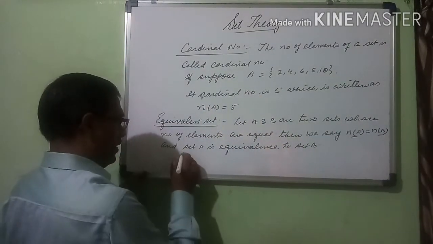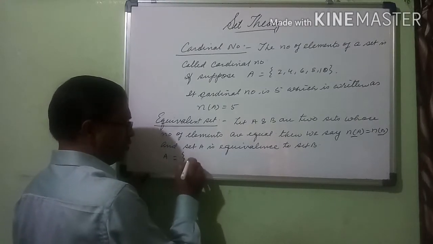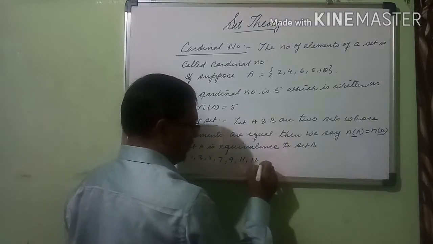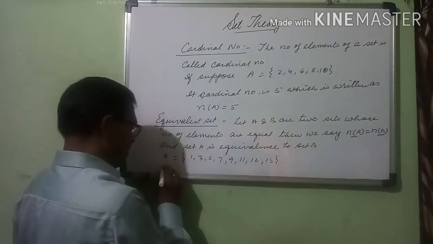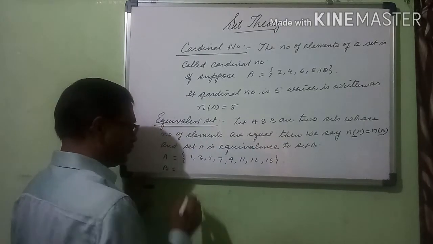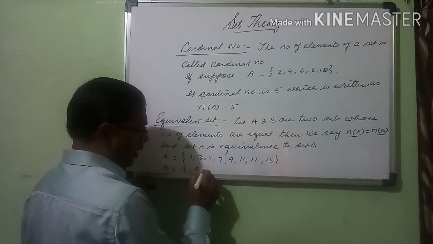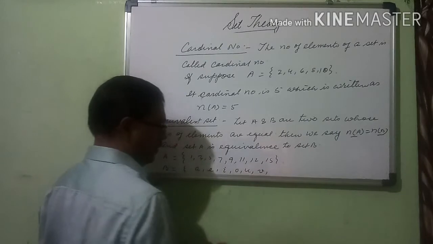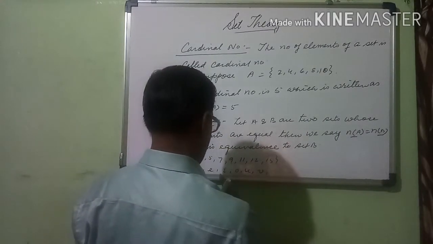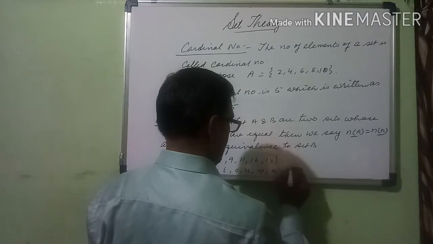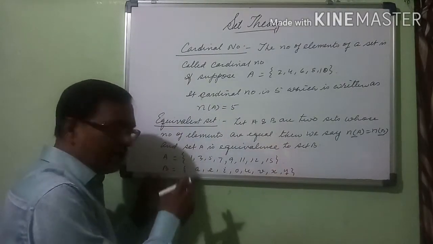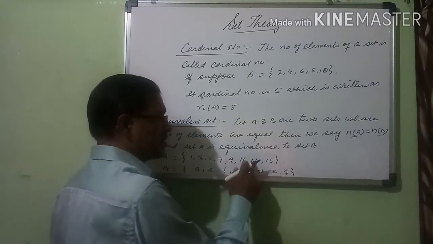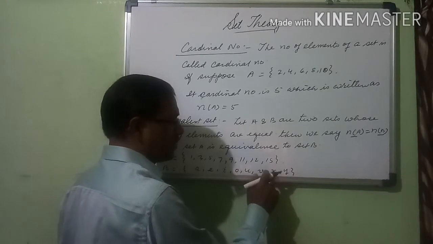Take an example. Say A is equal to 1, 3, 5, 7, 9, 11, 13, 15, and B is equal to A, E, I, O, U, V, X, Y. Let us count the number of elements of set A as well as set B. 1, 2, 3, 4, 5, 6, 7, 8. 1, 2, 3, 4, 5, 6, 7, 8.